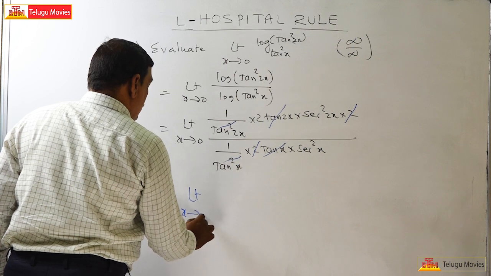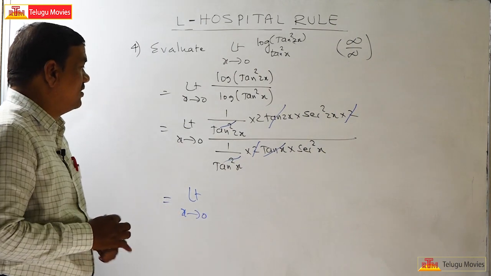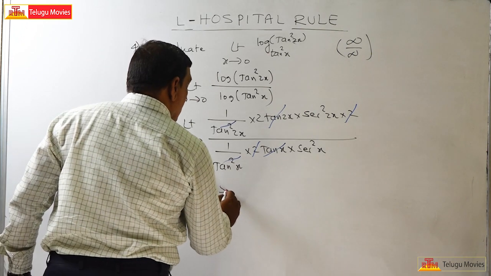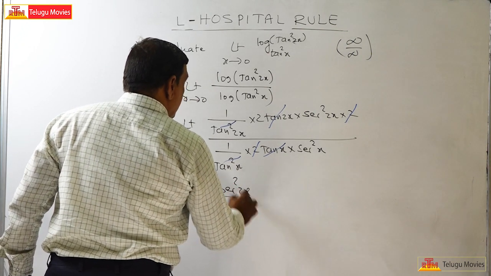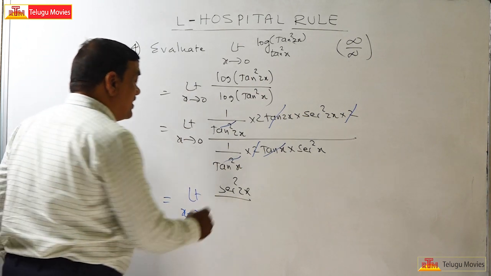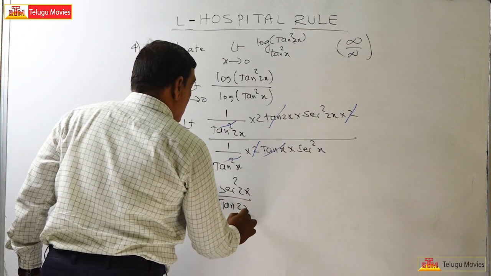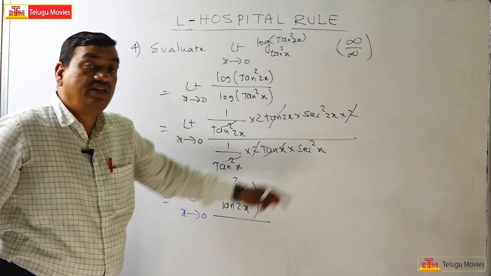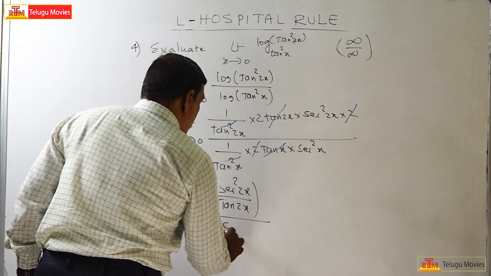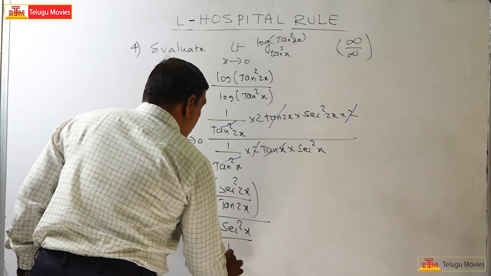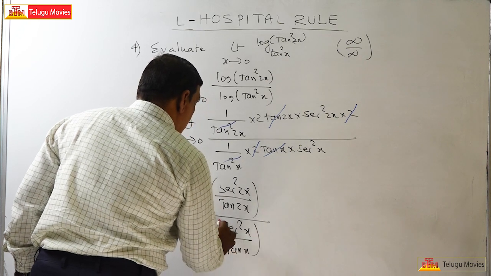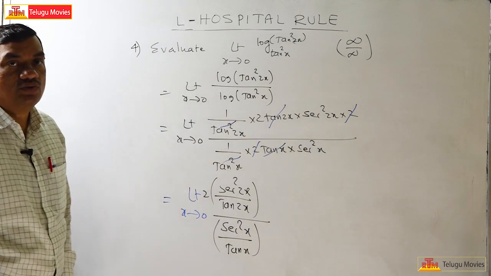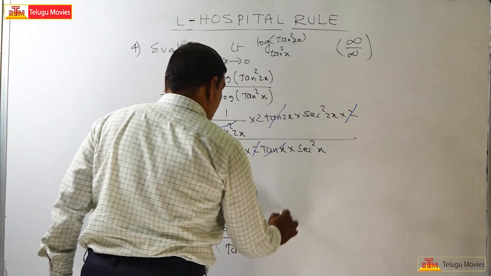In the limit as x tends to 0, secant square 2x is there in the numerator, tan 2x is in the denominator, divided by secant square x, with tan x in the denominator. Of course, 2 is also here.